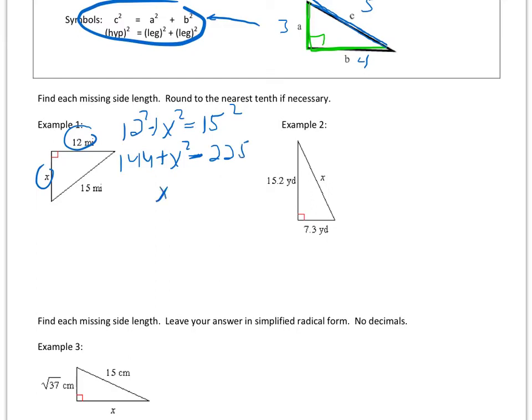Subtract 144 from both sides and you get 81, in which we would solve by rooting. And if you remember, when you solve by rooting, you'll get a plus minus. But because this is an applied question and we're talking about distance, it's only the positive value.